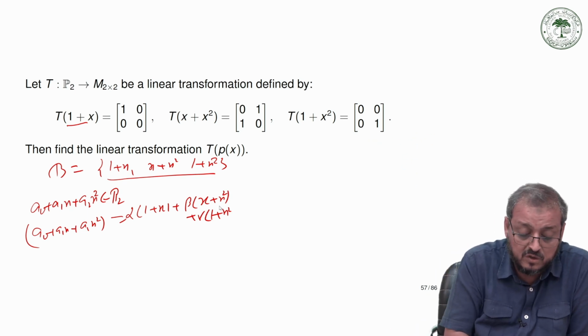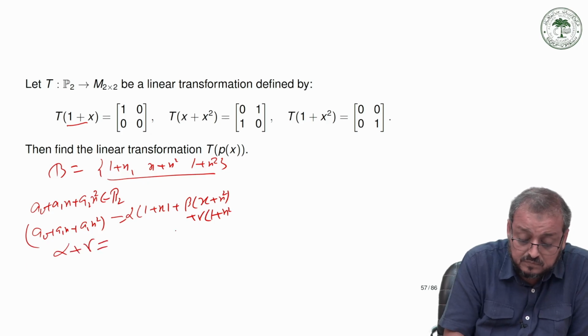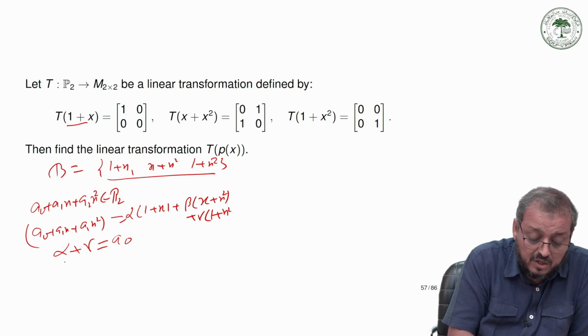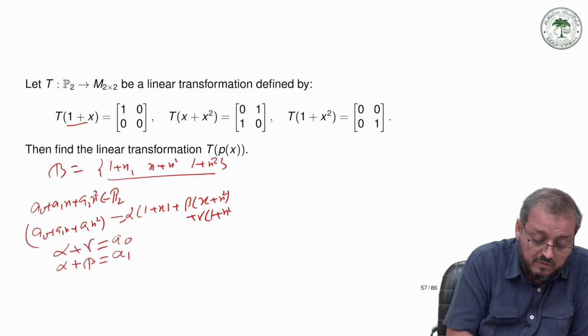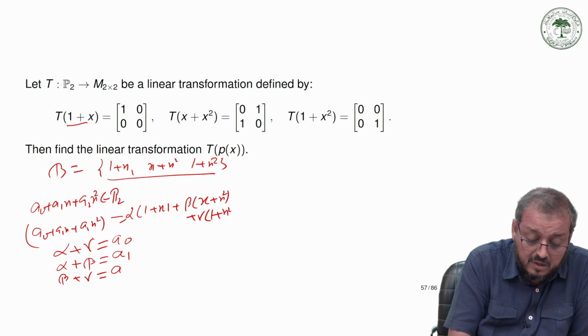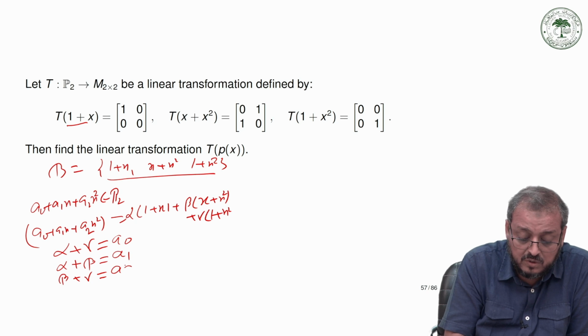So this gives alpha plus gamma is equal to a0, alpha plus beta is equal to a1, and beta plus gamma is equal to a2.